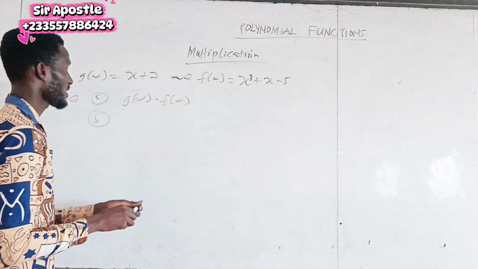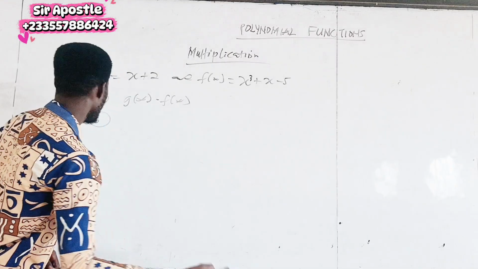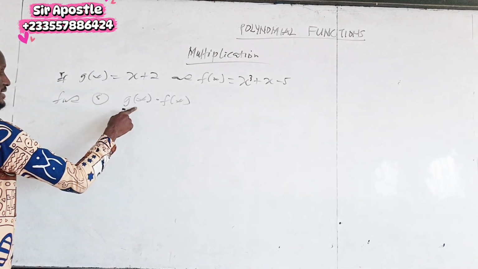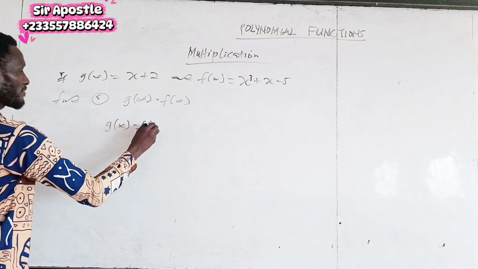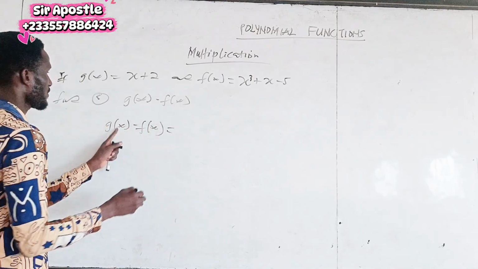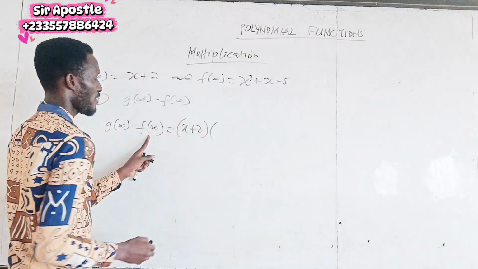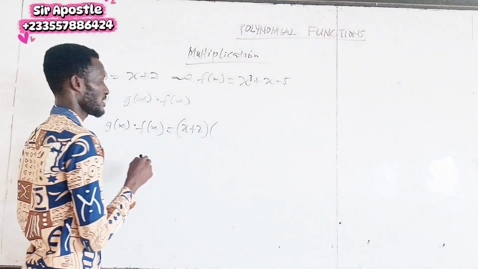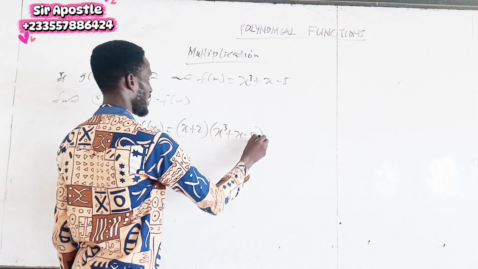The thing is, multiplication is so simple, you can just multiply anything. Let me talk about only one. So g of x multiplying f of x. Now g of x is x plus 2 and then f of x is, the dot here means multiplication, don't forget, x exponent 3 plus x minus 5.